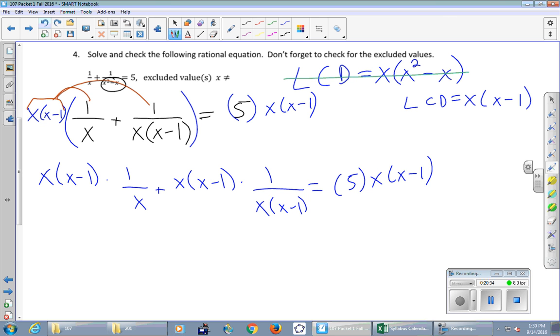So let's start canceling. What cancels in this first term? Just the x. So x there, x there. What cancels in the second term? Everything. Oh, goodness. X minus 1, all of that. Right-hand side had no fractions. There's no canceling to be done. So we're good to go. We just have to carefully do our multiplication here.